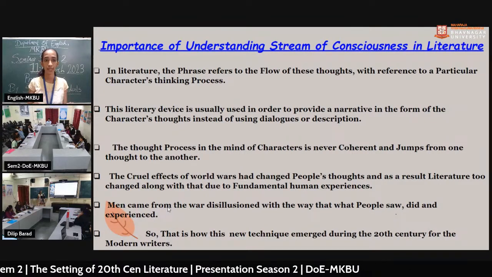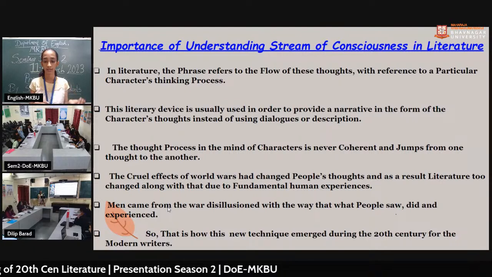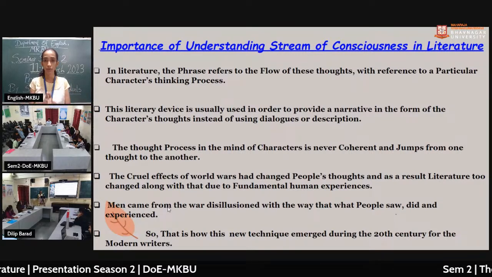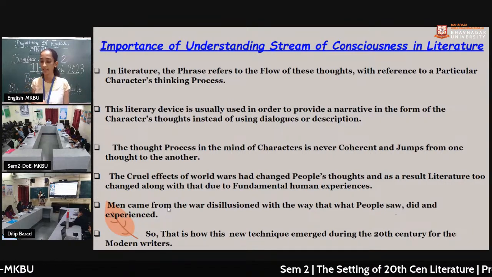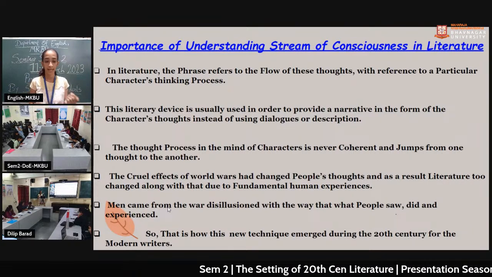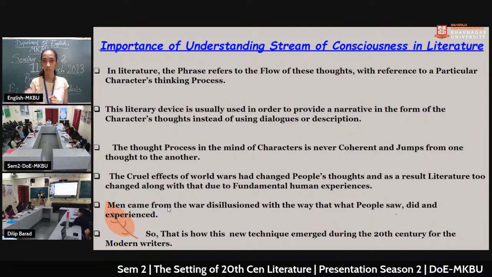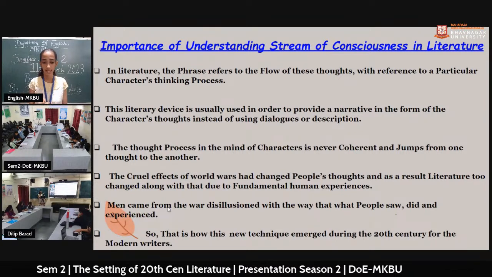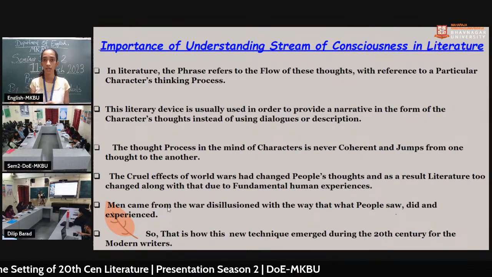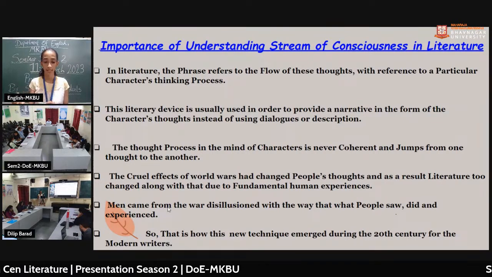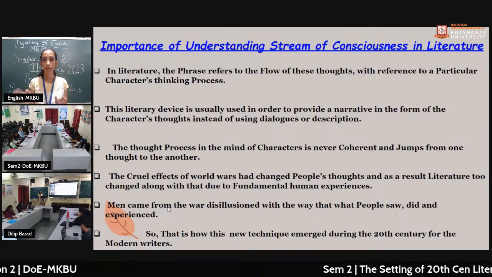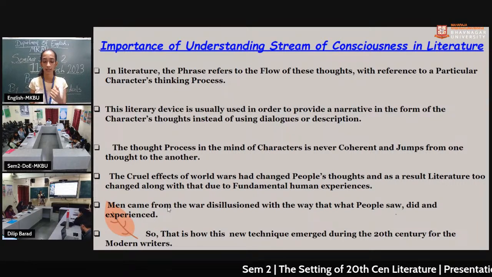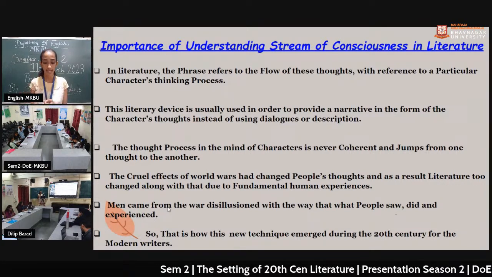As we have seen the definition of stream of consciousness, now we have to understand what vital role this literary technique played in literature. This new technique is very important in modern times, or we can say the 20th century, because it puts more emphasis on a character's thoughts rather than any kind of dialogues or descriptions.